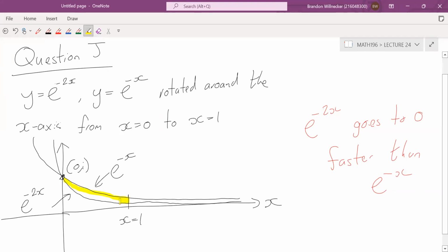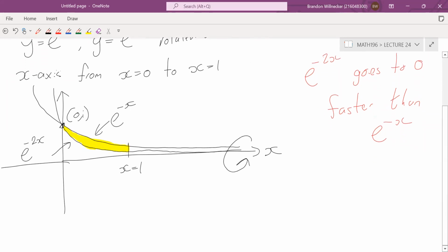Okay, so this is the region, the shape over here, and we're going to rotate that around the x-axis. So what kind of shape do we get? Well, this point 0, 1, if we rotate that around the x-axis, we're going to get a circle. And then at x equals 1, we're going to get another circle going around. But we're going to get an outer circle and an inner circle because there are two points there.